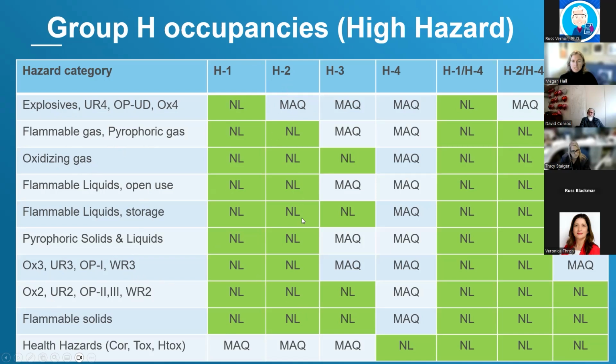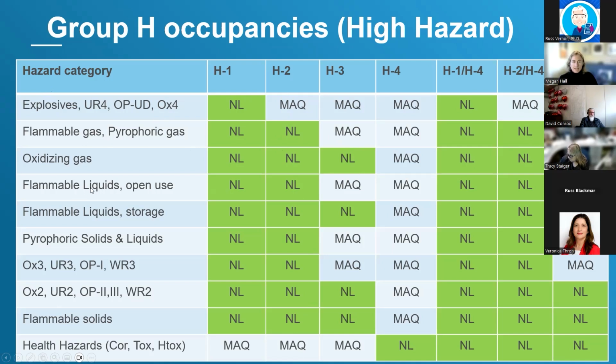All unlimited for an H2, but you're still subject to the MAQ limits for these materials, your detonation hazards, and for your health hazards. H3s are a little bit more limited. You can't have unlimited flammable gases, for example.